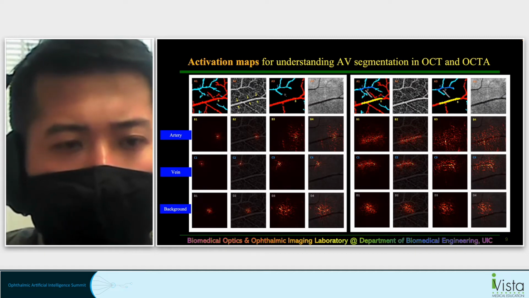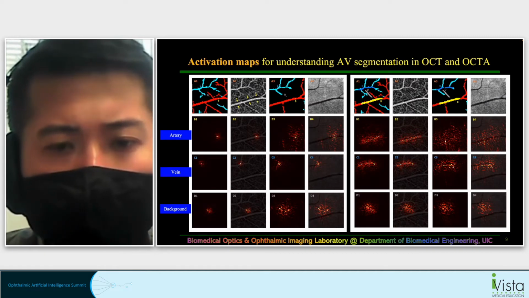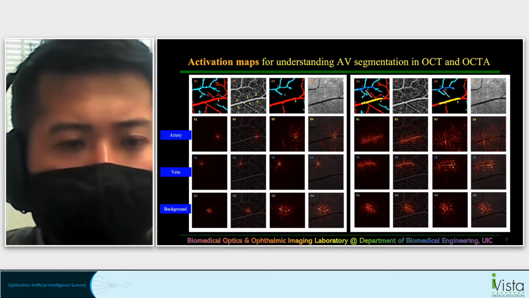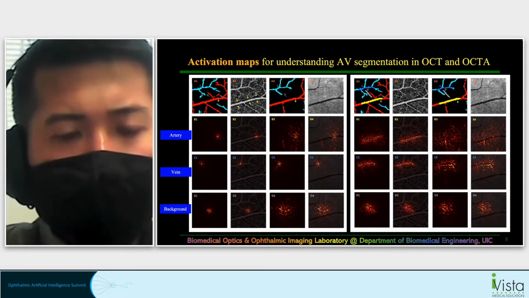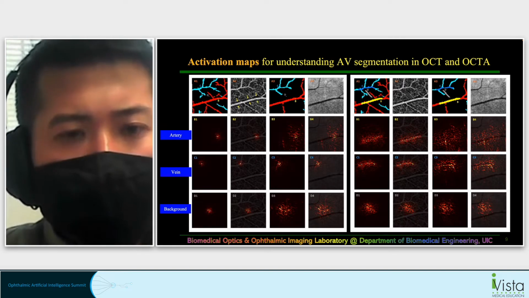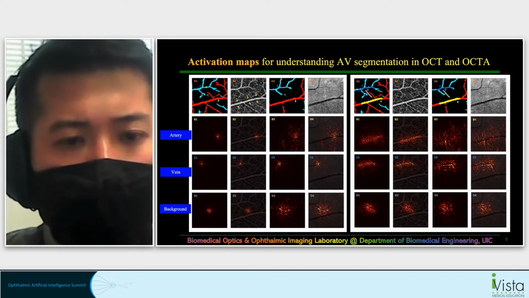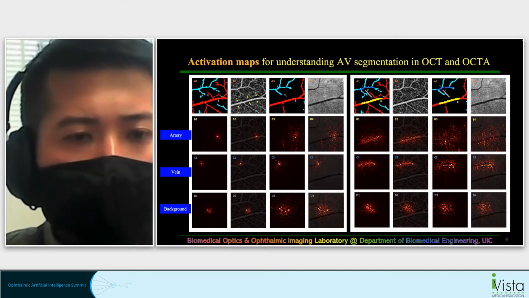To understand the deep learning results, we employed saliency maps to show which pixels are important for segmentation. The figure on the left shows the saliency map for a single pixel, and the figure on the right shows the saliency map for a vessel segment.